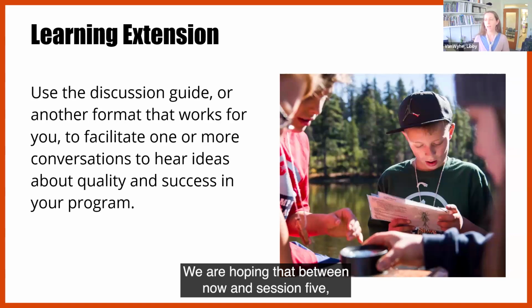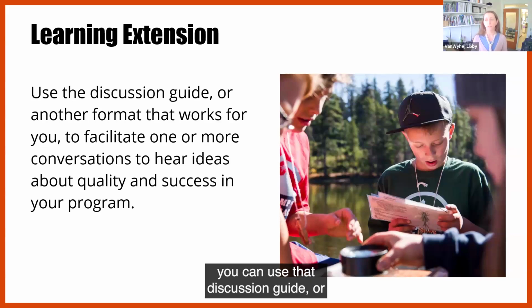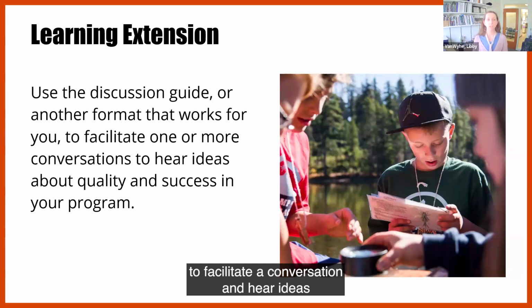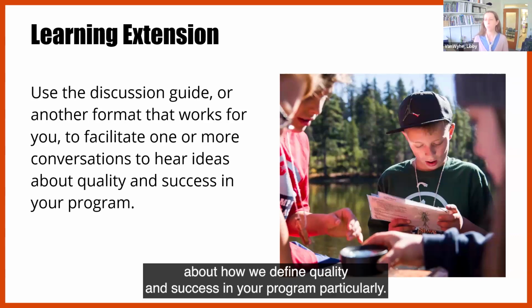We are hoping that between now and session 5, you can use that discussion guide or any other conversation format that you see fit to facilitate a conversation and hear ideas about how we define quality and success in your program particularly.